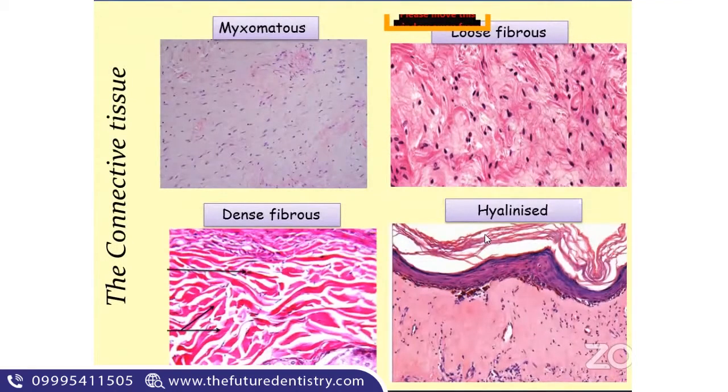Another type which you see is called hyalinized connective tissue. Hyalinized connective tissue is basically a step further from dense fibrous connective tissue. After the connective tissue is dense and fibrous, the next stage is hyalinization. Normally in a connective tissue, there is regular deposition and degeneration, which maintains the consistency of the connective tissue.